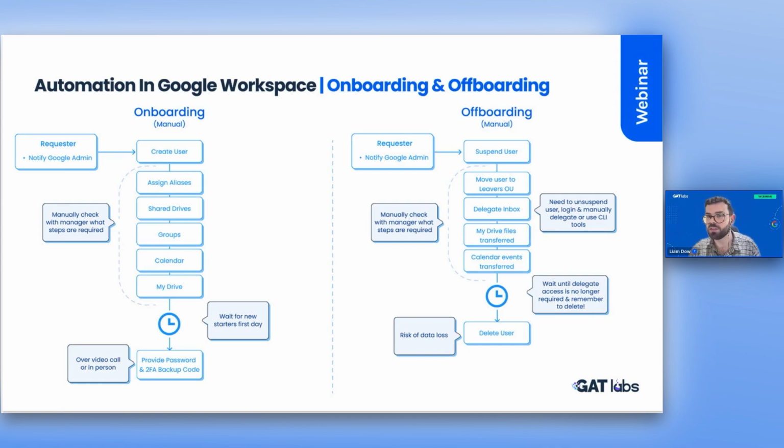So you've got to handle those things as well. Look through it, delete them, or transfer them. And then of course, if there is the delegate scenario, you as an admin need to wait that period, ask the manager, have you finished now? Am I able to continue offboarding this user?